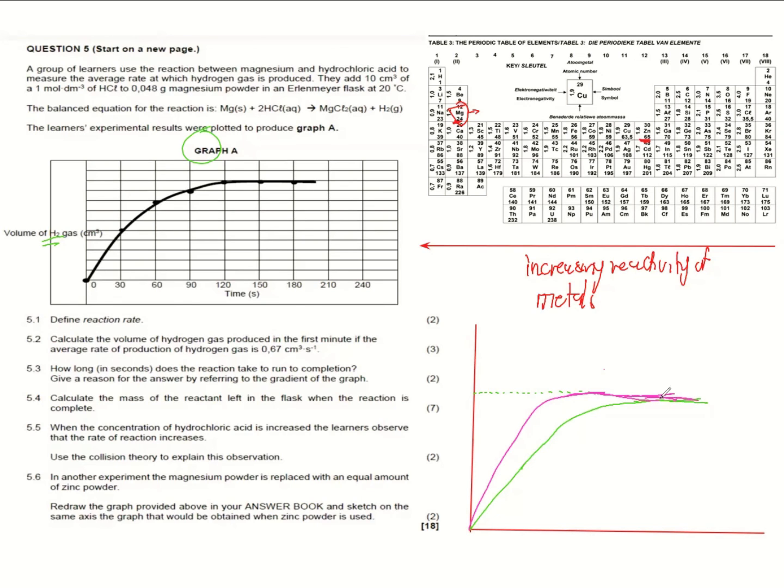So where there will be constant, they will all be constant at the same value here. So this is the volume of H2 gas in centimeter cube, and then obviously this is time in seconds, right? And then your graph A will basically look like that.